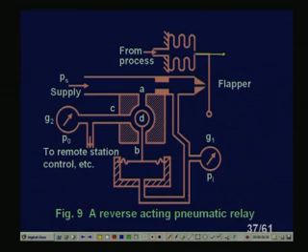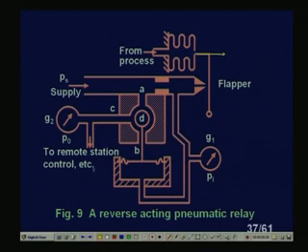This will reduce the pressure here. If we reduce the pressure, ultimately it will reduce the pressure inside this diaphragm. So this diaphragm will come down, and this ball will come down, allowing more pressure to indicate.